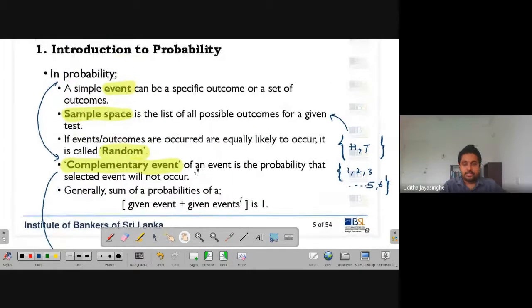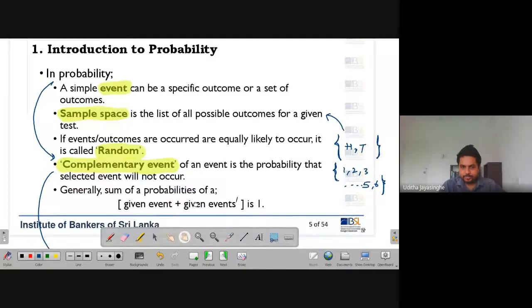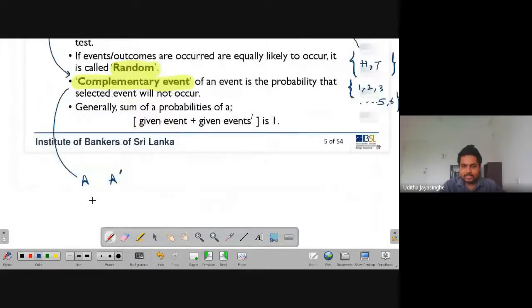So lastly, if I define the event and the complementary event, then I can come to this easy and very useful theory of adding up the event and the complementary event. Let's say A is my rain example.